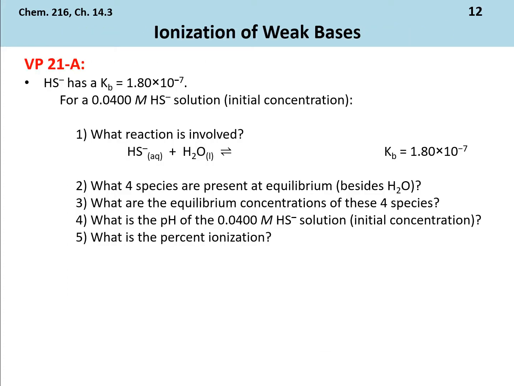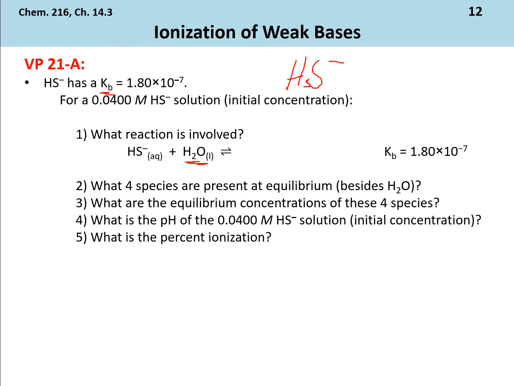All right, so let's go ahead, and this is on the screen. Let's show you video problem 21A. Video problem 21A is all about ionization of a weak base. So I have HS minus, and I want to know the reaction involved. Notice it has a Kb, so that means it's going to gain an H plus. So what happens if HS minus gains an H plus from H2O?